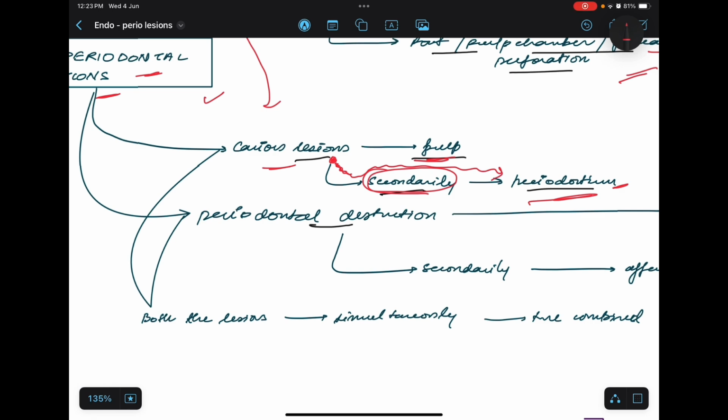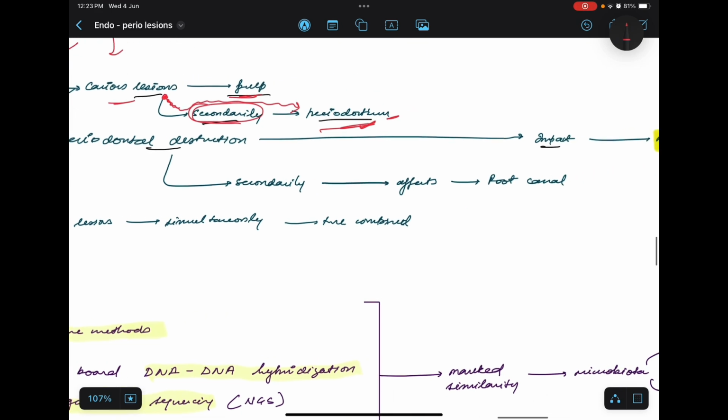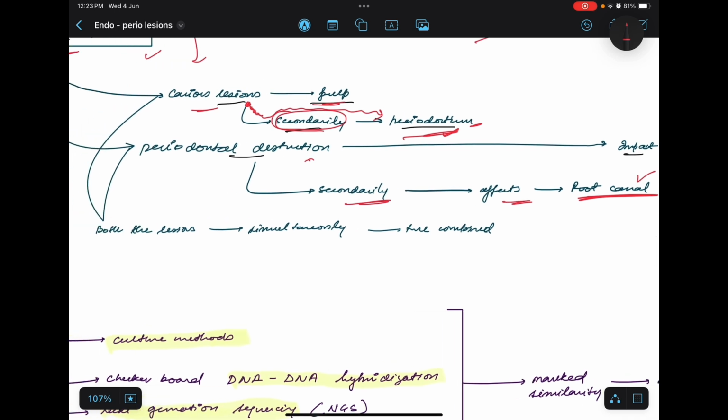Now we have the periodontium which is infected. Then periodontal destruction secondarily affects the root canal, because we know that there are many communications, accessory canals, apical phenomena, from which the infection foci can transfer to the root canal.